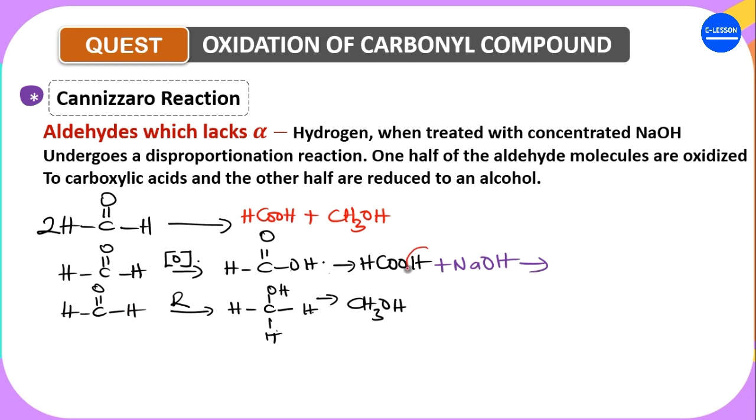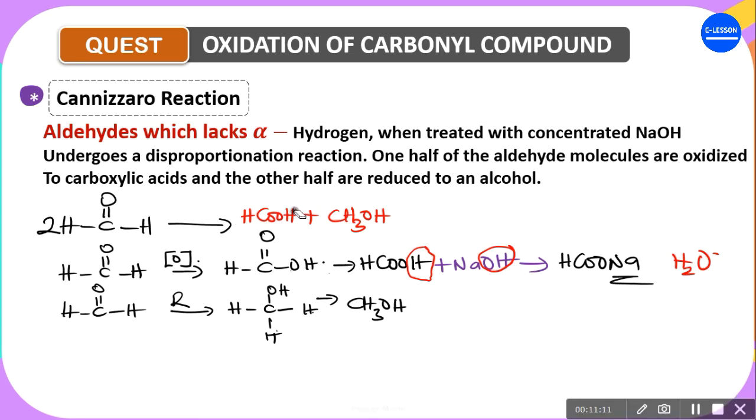This hydrogen here combines with OH here to form H2O, a water molecule. And then this group here, HCOO, will react with Na to form this. So in most cases, the product is usually HCOONa plus the methanol. So this is for the Cannizzaro reaction.